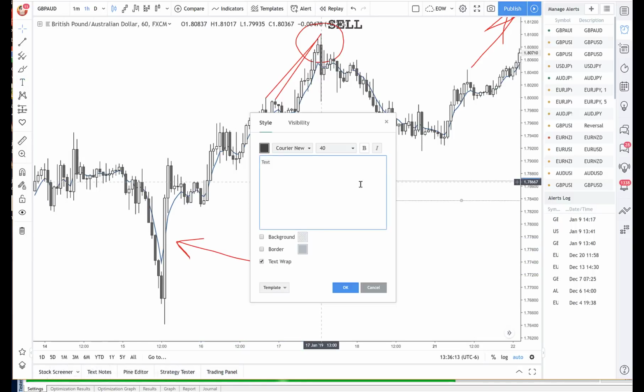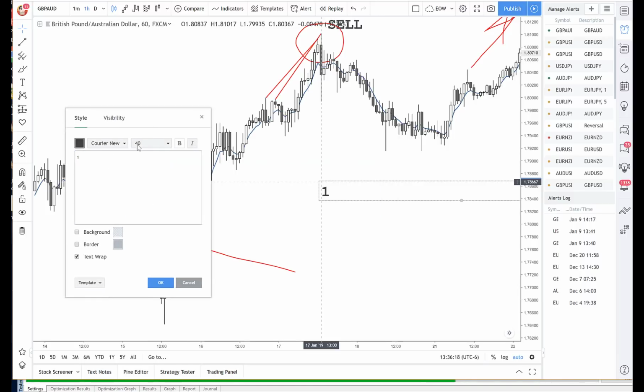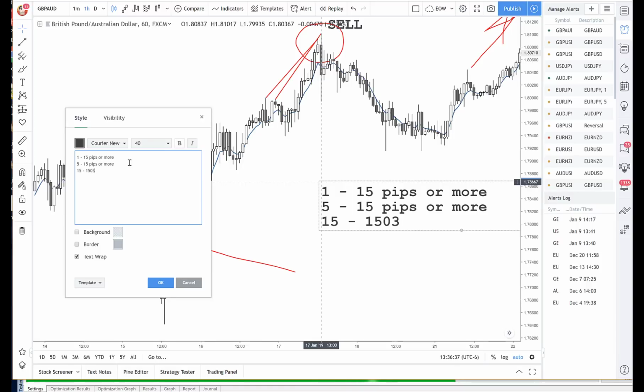Flash moves are typically something along these lines. On a 1-minute chart, a flash move might be a move of 15 pips or more. On a 5-minute chart, maybe a flash move is a big 15-pip candle. Or on a 15-minute chart, it's 15 to 30 pips.